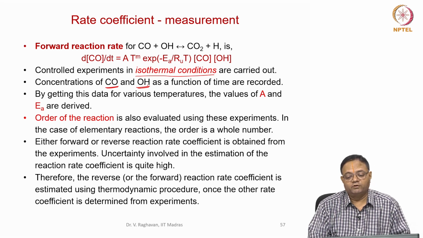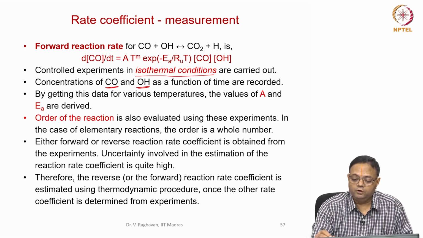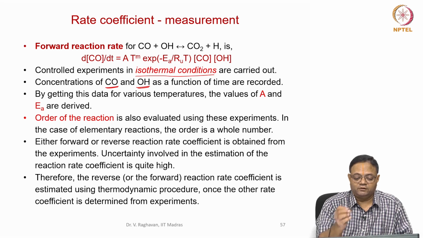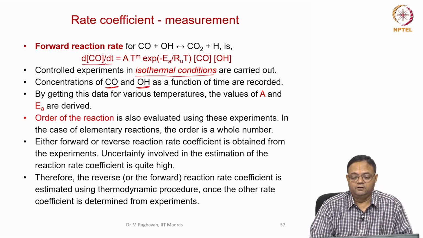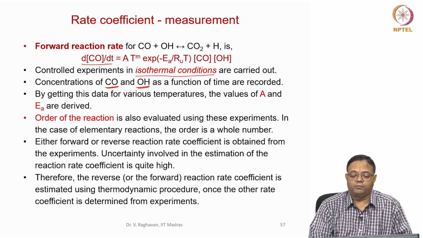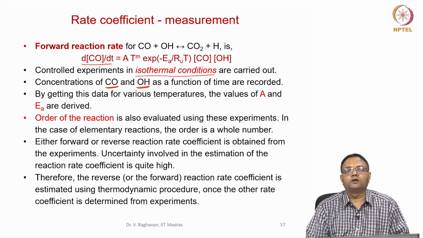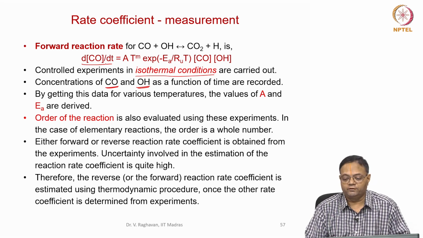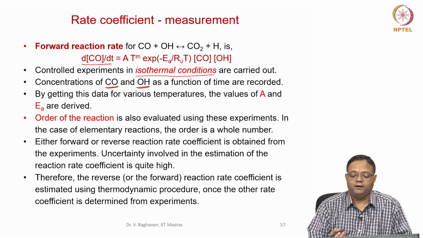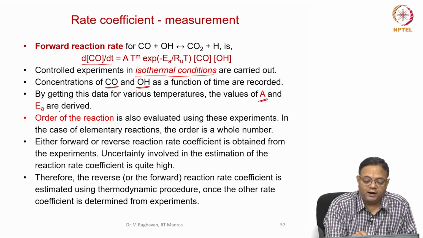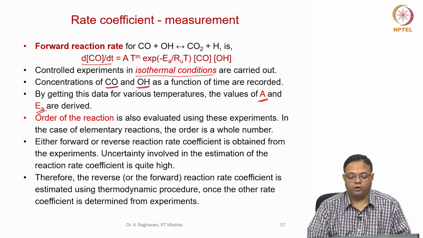With this concentration variation known, I can work out the rate. The rate at which CO depletes will be the rate at which OH also depletes. From that, I can get the values of A and Ea, and m also if you want.